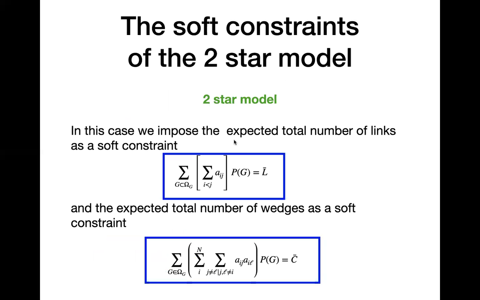So mathematically, we have seen many times how to constrain the expected total number of links: it is just the expectation over the probability of the network of the sum of all the elements of the triangular upper part of the adjacency matrix. And then when we want to fix the total number of wedges, we need to fix on average the sum over i of all triplets, of all wedges.